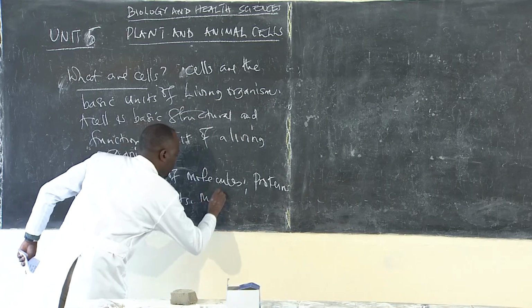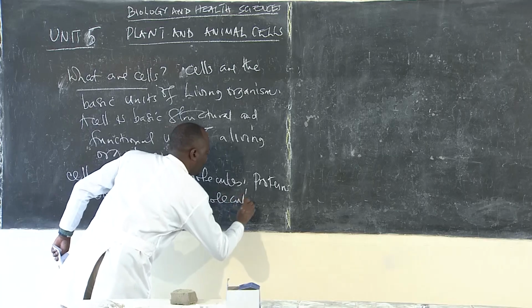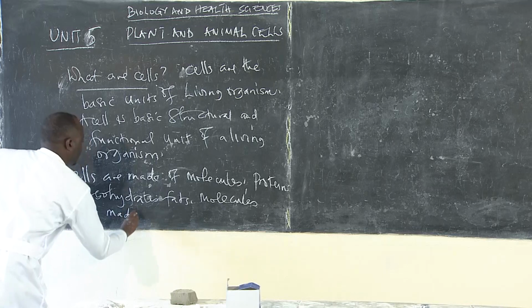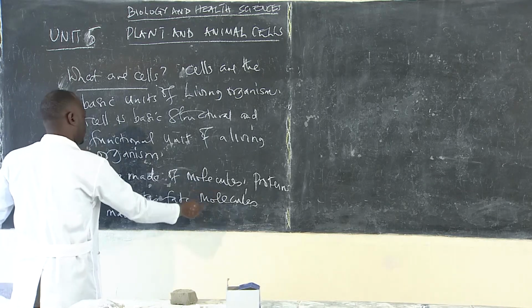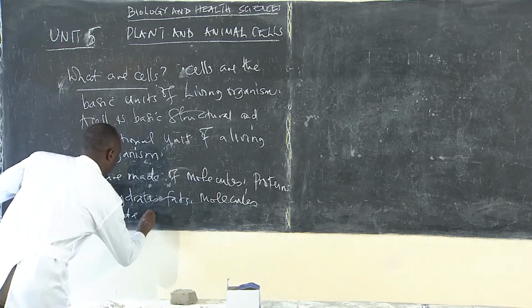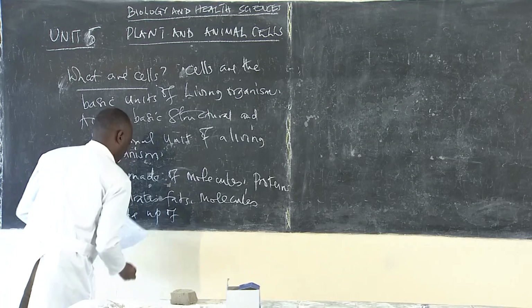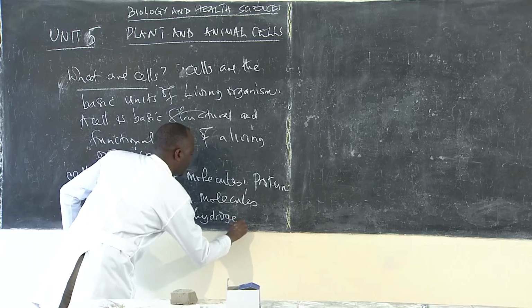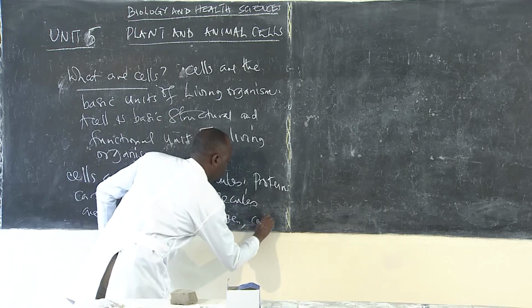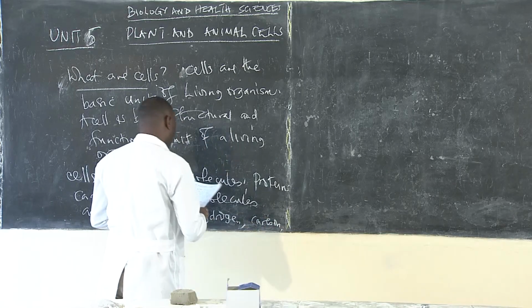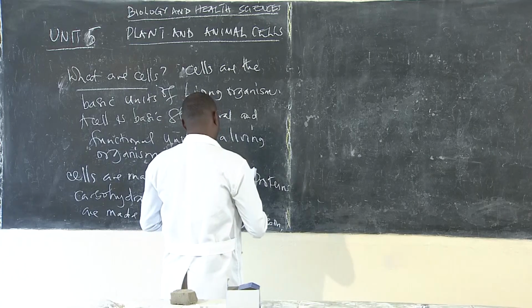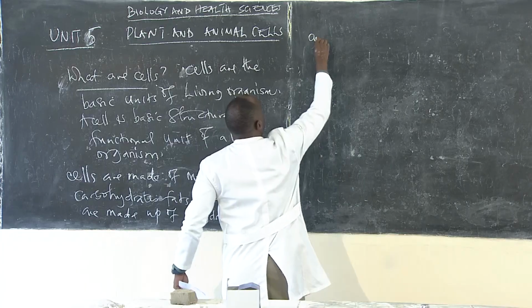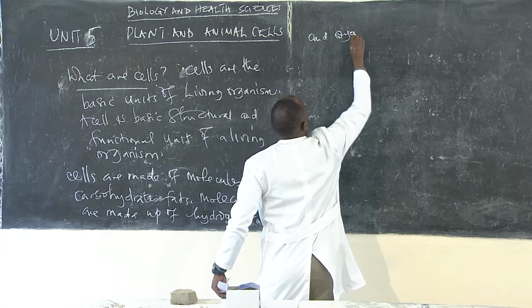These molecules, the proteins, the carbohydrates, and fats, are made up of carbon, hydrogen, and oxygen.